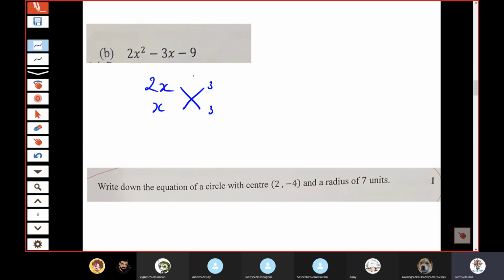Would 6 and 3 ever get you the middle term, which is 3? Yes, it would, if I did -6 plus 3. -6 plus 3 would give you -3. 3 times -3 is -9. 2x times x is 2x squared. I'm done. The answer is 2x plus 3, x take away 3.